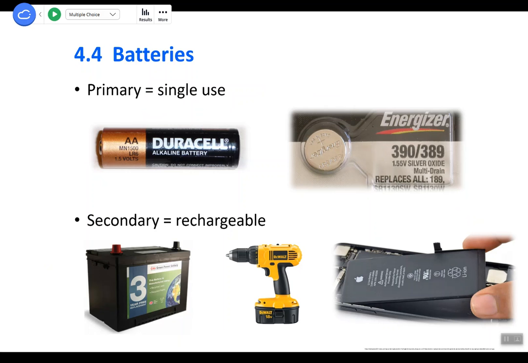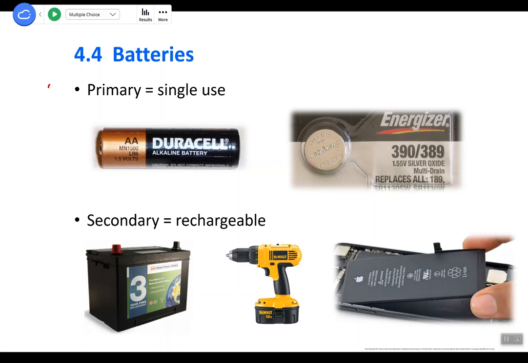A battery works because it operates as a voltaic cell until it dies, and then we can zap it with electricity if it's a rechargeable battery, and recharge it. We're going to talk about how that happens today, and then look at some important examples of batteries that we may use from day to day.